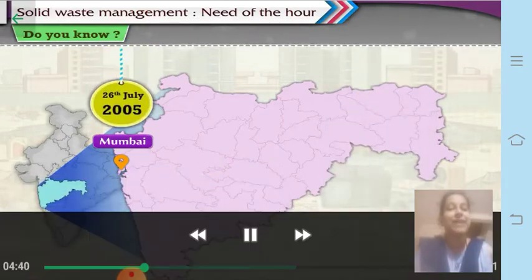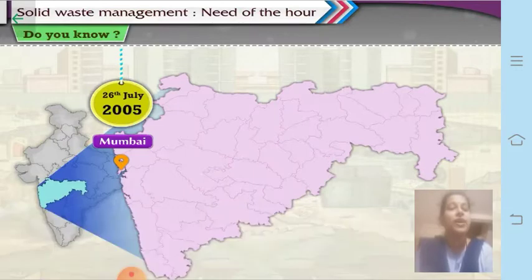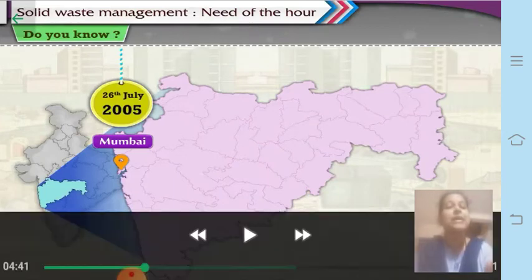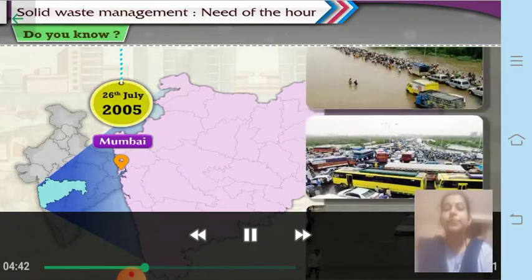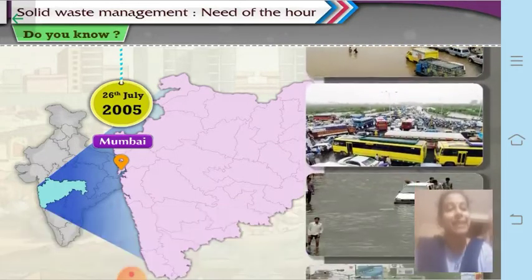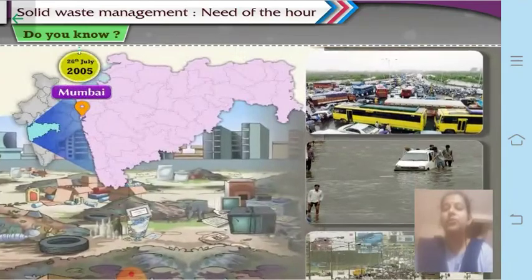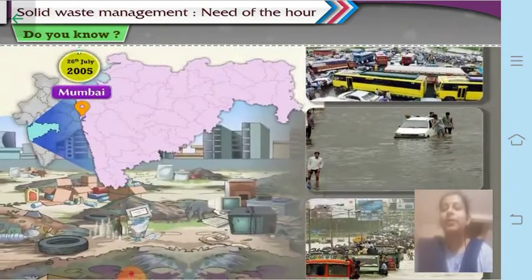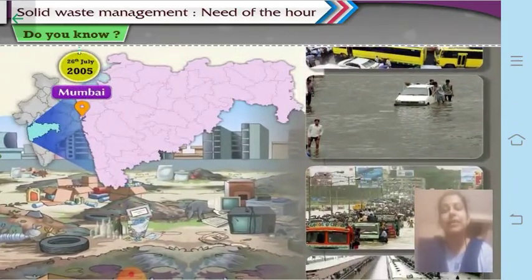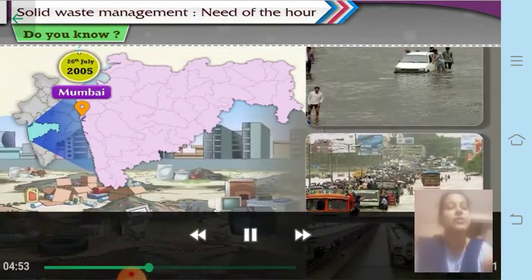So it's a very bad situation, and because of a lot of accumulation of this waste, on 26th July 2005 there was a serious flood calamity in Mumbai, and it had arisen because of improper solid waste management. Thus we see that accumulation of solid waste can lead to serious calamities.